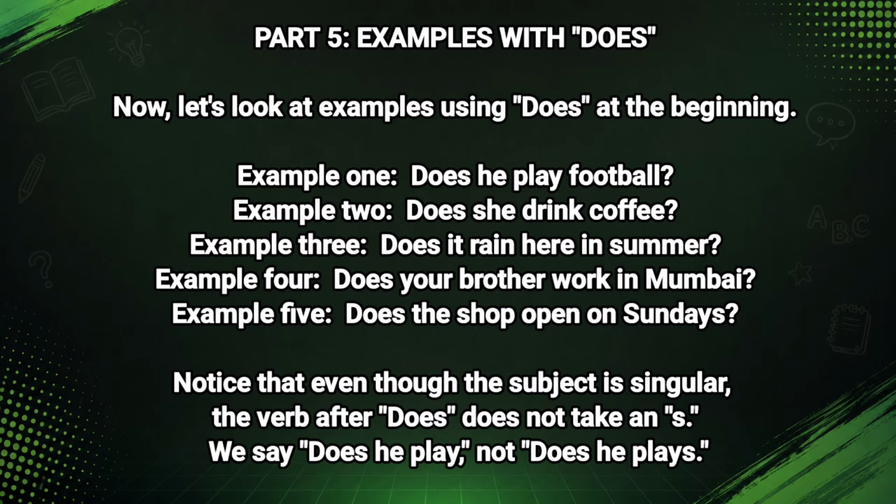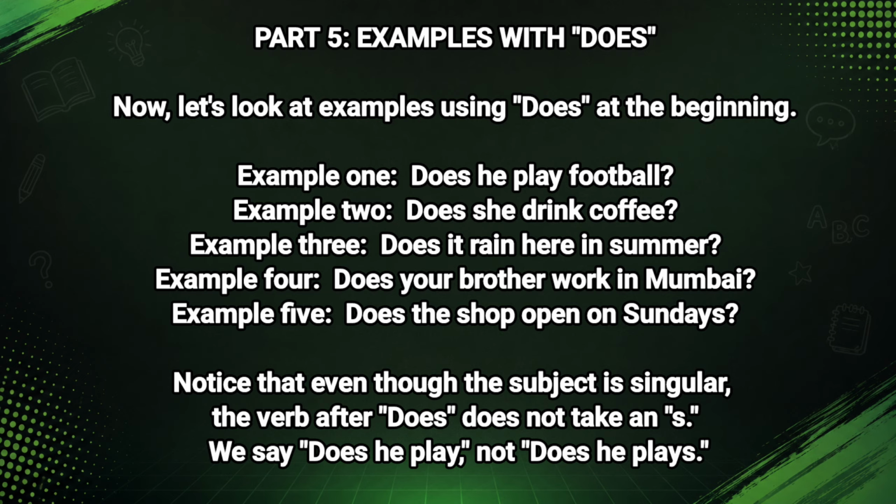Now let's look at examples using does at the beginning. Example number 1. Does he play football? Does she drink coffee? Does it rain here in summer? Does your brother work in Mumbai?